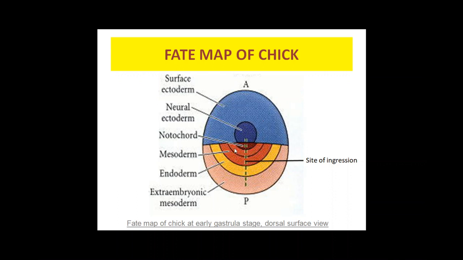The other mesodermal derivatives are shown in red color, dark red and light red ones, and the cells which will form endodermal parts in future are shown in yellow color. The dashed green line signifies the site of ingression. That means the path cells will follow as they migrate from the exterior to the interior of the embryo.